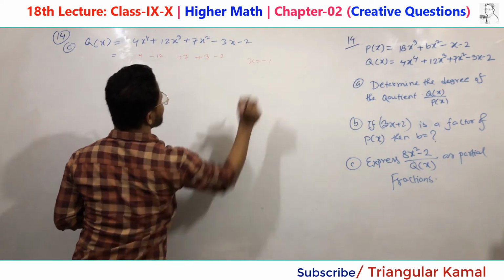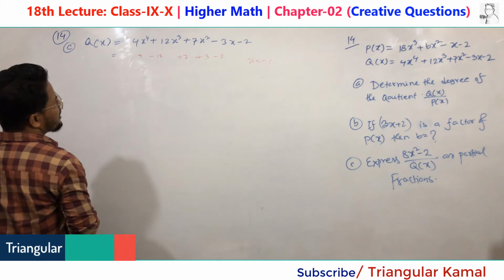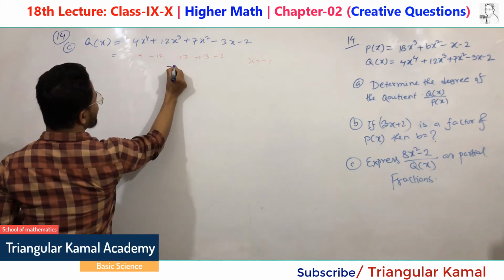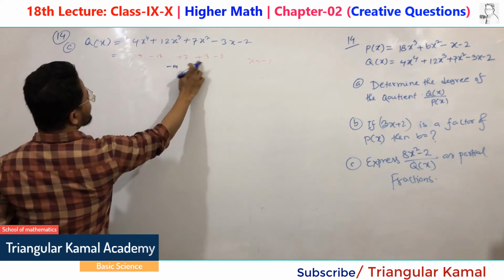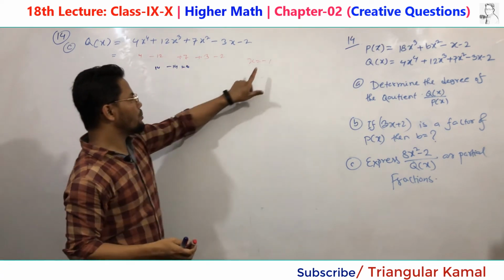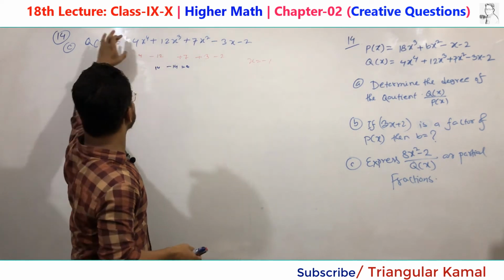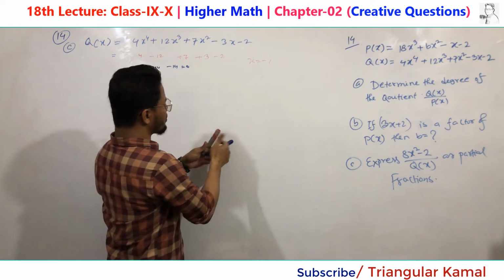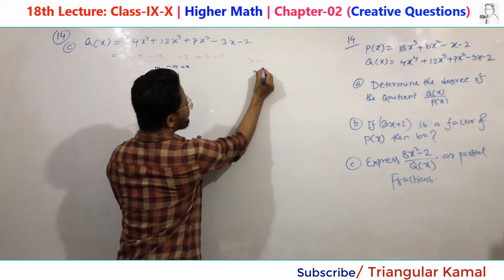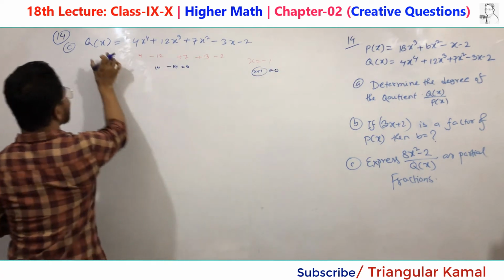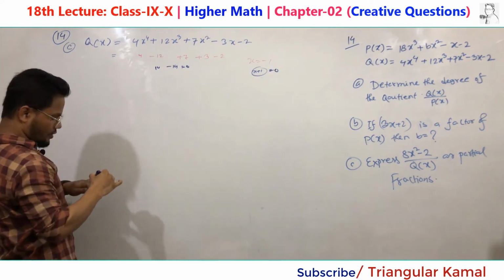Now 12 minus 2 is minus 14, and 14 minus 14 equals 0. When we apply x equals minus 1, q of x will be 0. That's why we can consider x plus 1 as one of the factors of q of x.